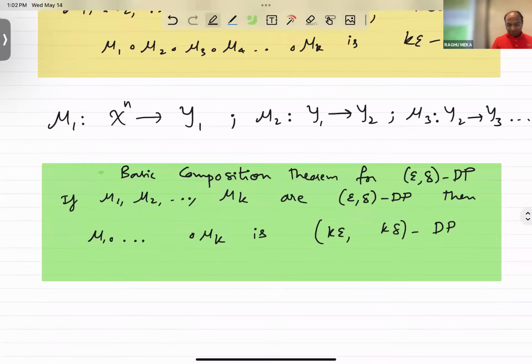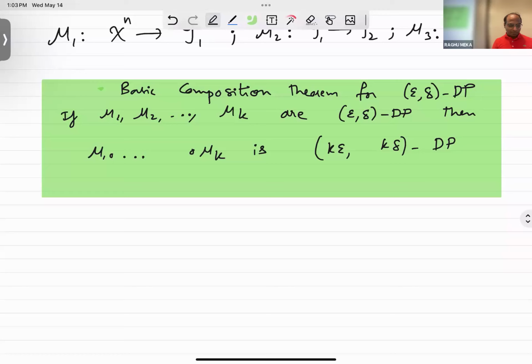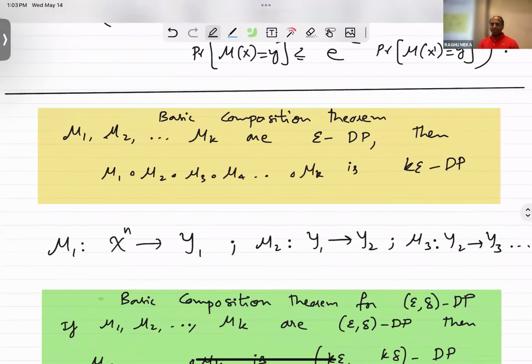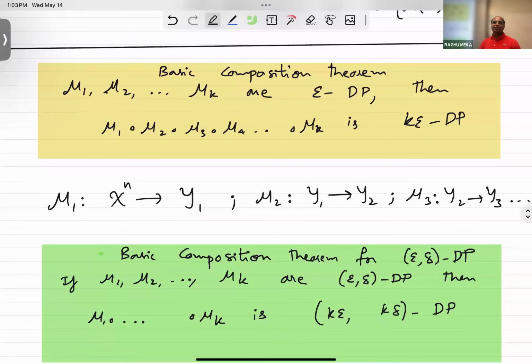But the interesting thing is, let's say I fix epsilon. You started out with epsilon being 0.01. That means you can only do about 100 of these things before your privacy guarantee becomes meaningless.